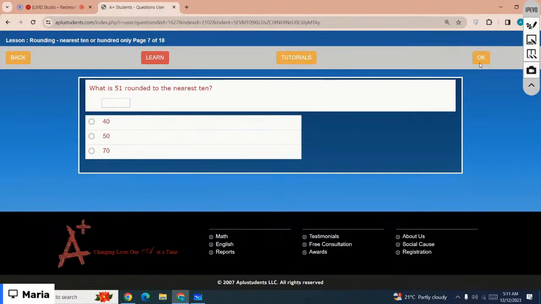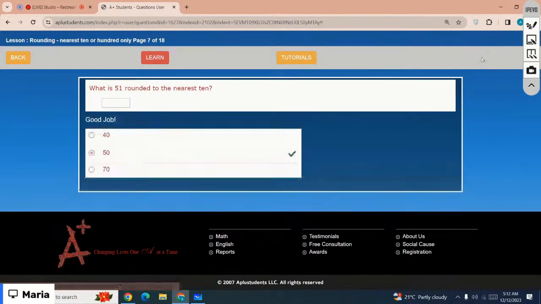Which is the correct option? Yes, it is 50. The correct option is 50.